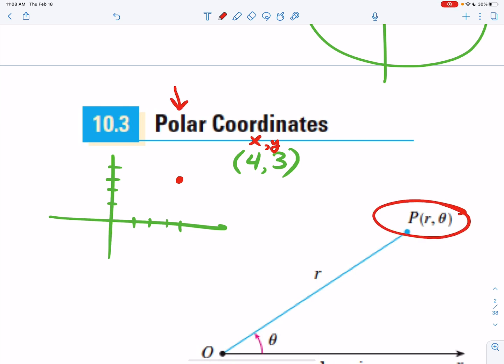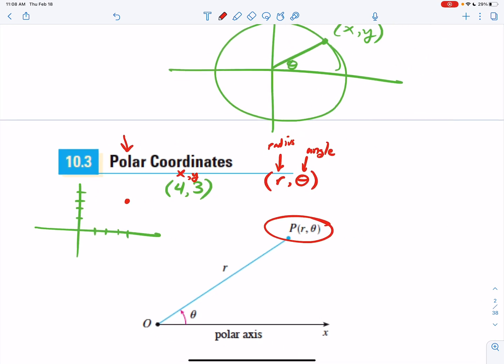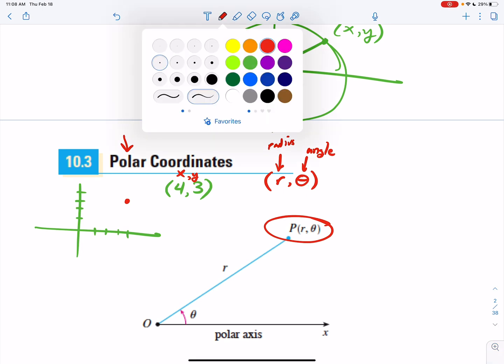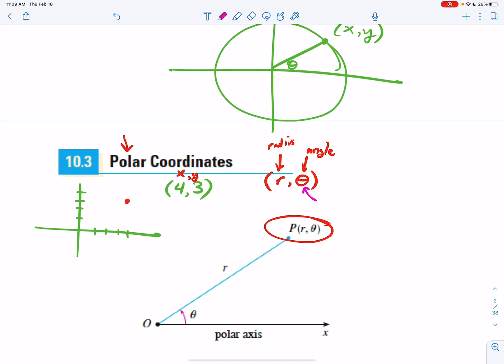Polar coordinates use r and theta. R stands for the radius, and theta stands for the angle, okay? So it's a little bit weird because you actually consider the angle first, and then you look at the radius second, okay?